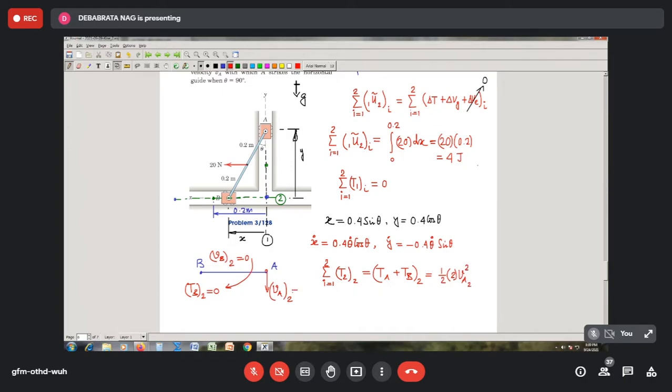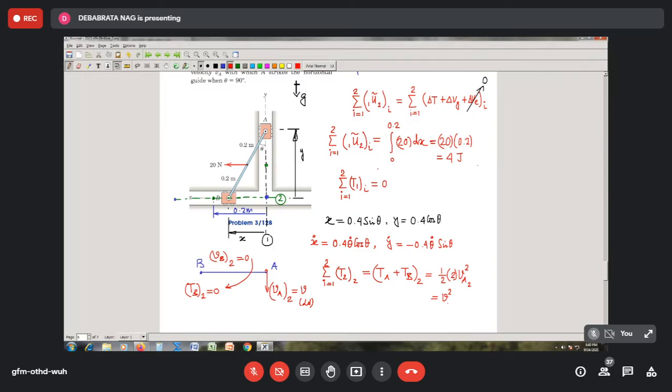If I denote this VA2 as V for simpler notation, because I now see that only one velocity is surviving, then this is equal to V squared.